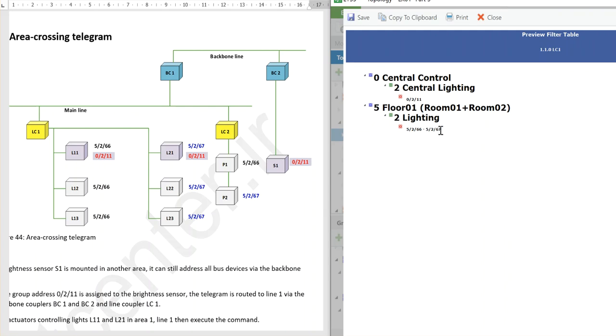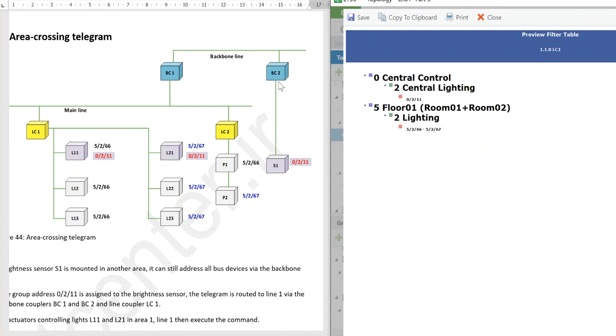So it's allowed. Why is it allowed? Because if the outside sensor works and wants to control 0/11, it sends the command, the packet of data, the telegram.